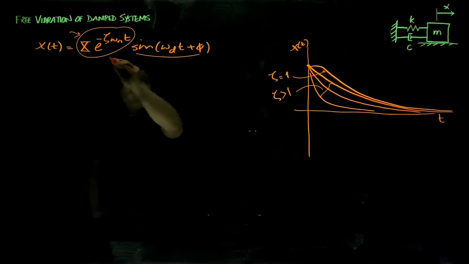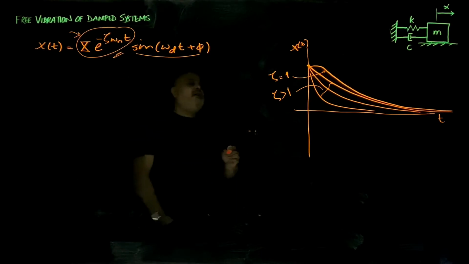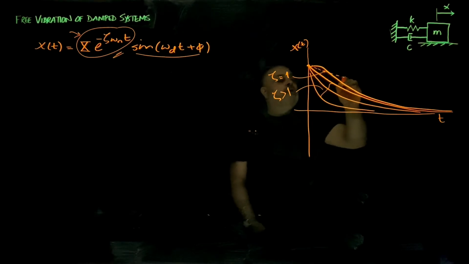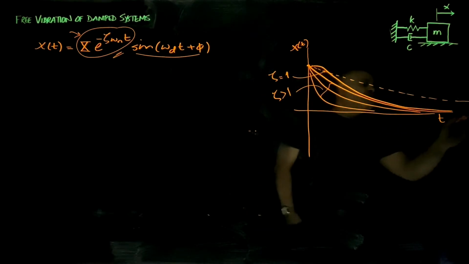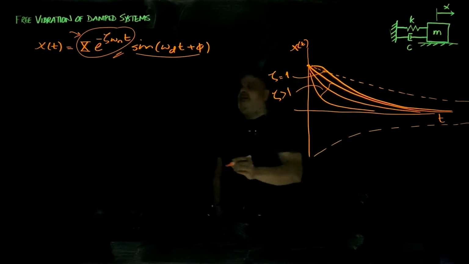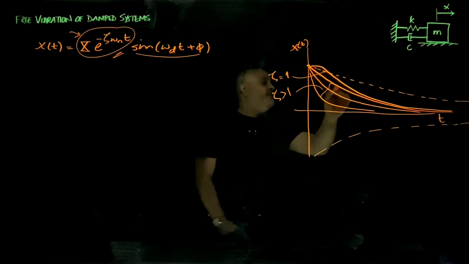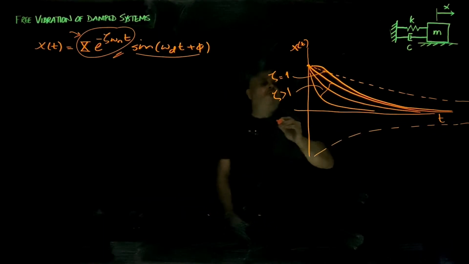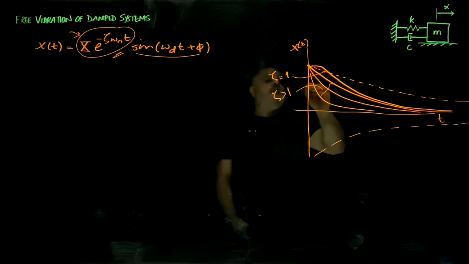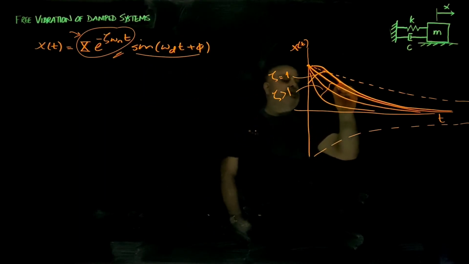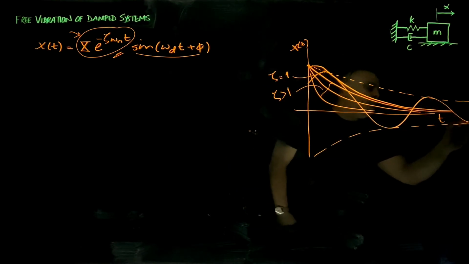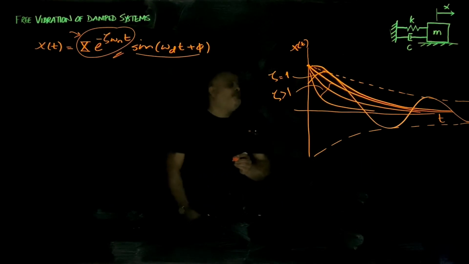So if I plot the amplitude only, it would be some envelope that approaches 0 with time, and this is the boundary of the sine wave. So the response, sine multiplied by this amplitude, will look like a sine wave, but with amplitude decaying with time.